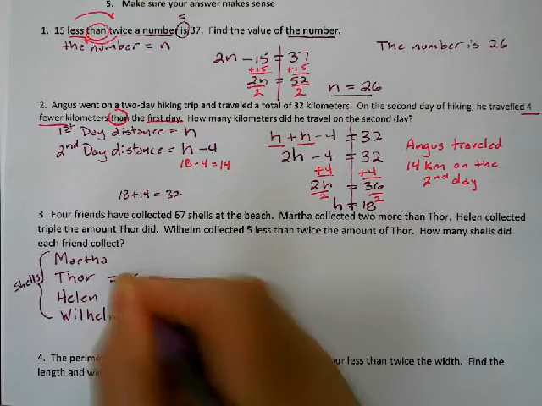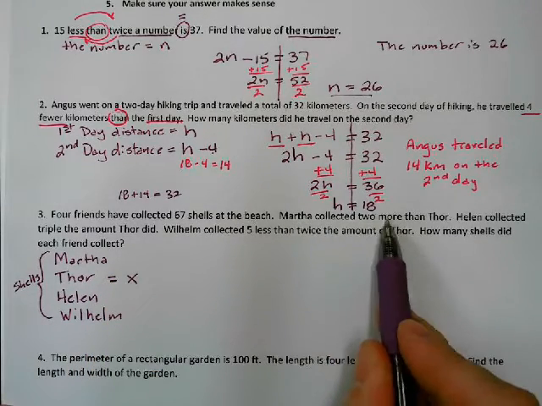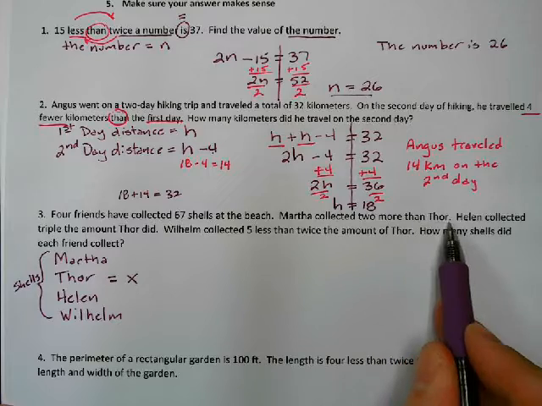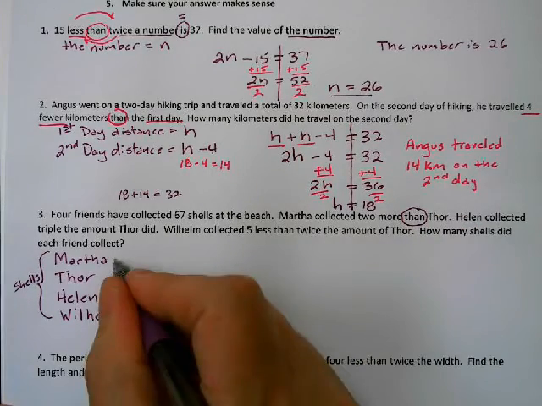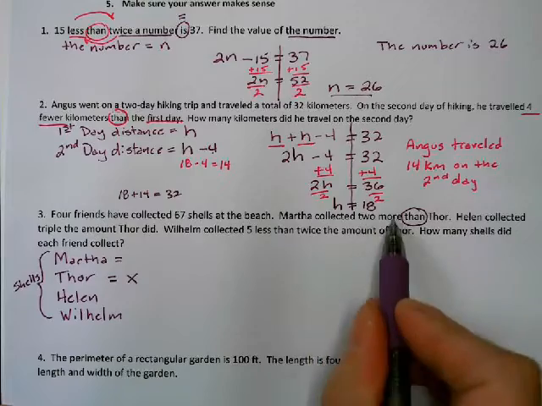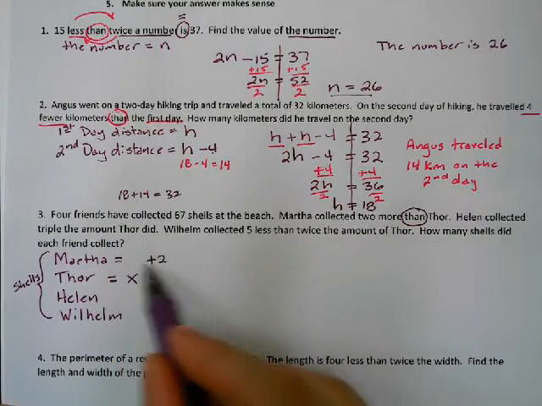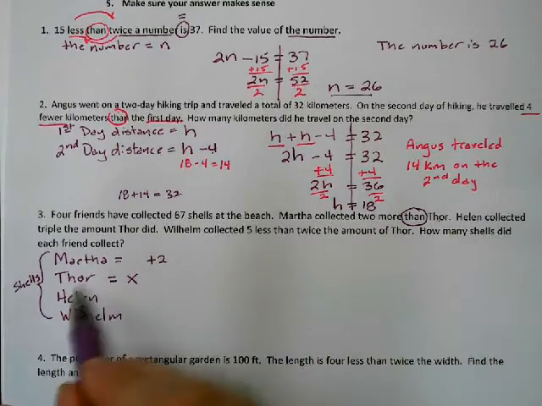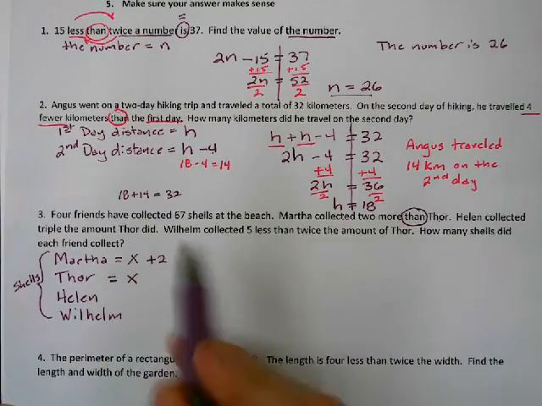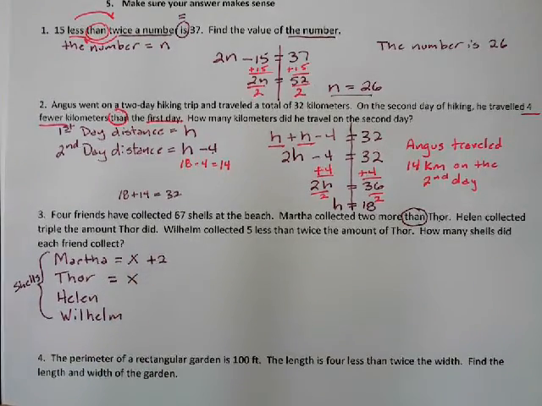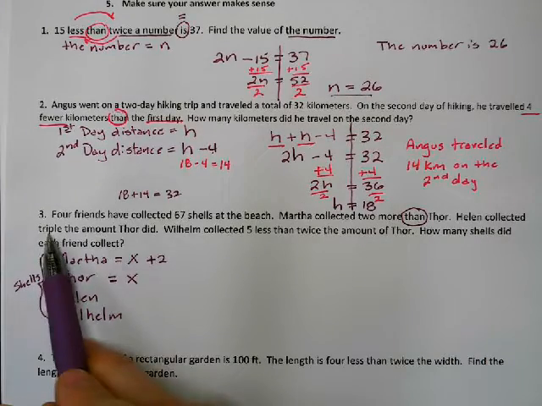Okay, let's go up here. Martha is 2 more than Thor. All right, so we got a than there. So Martha is 2 more, plus 2. The than means plus 2 goes at the end. Thor, we just said that Thor was X, so we can call that X plus 2. So this means Thor plus 2. Next sentence. Helen collected triple the amount that Thor did.